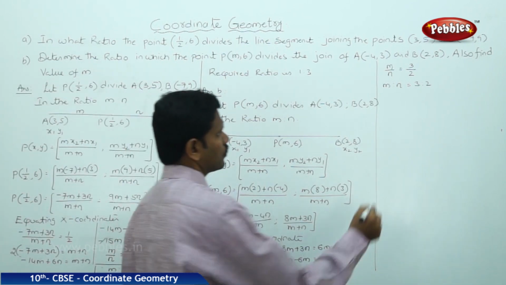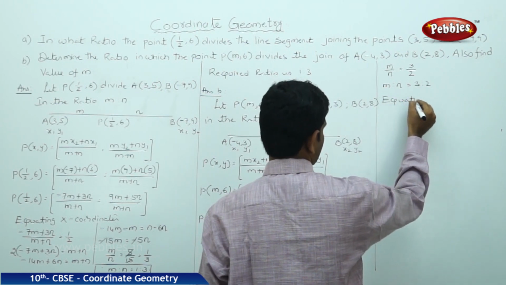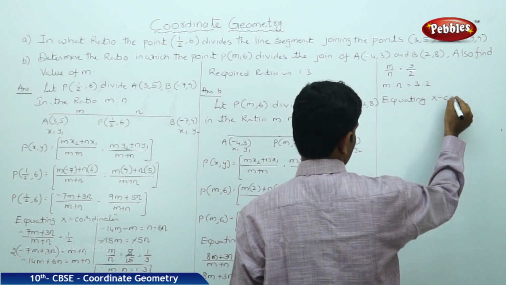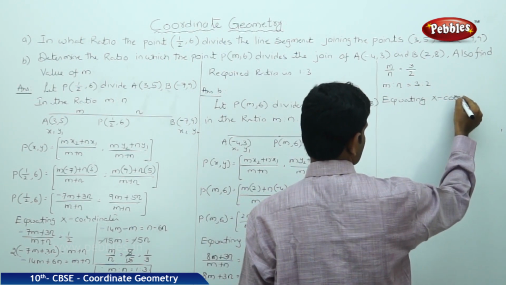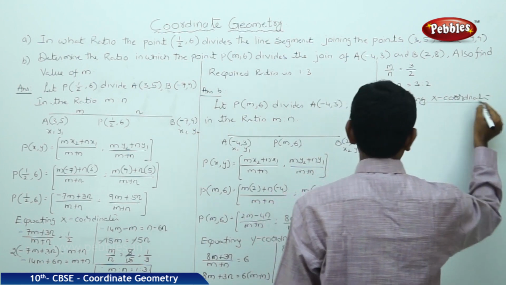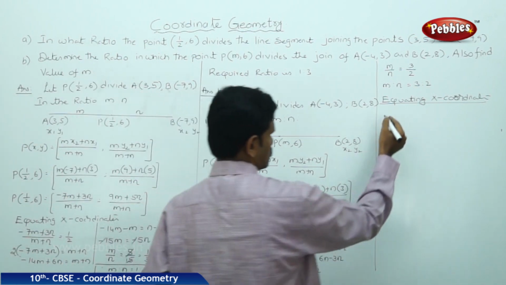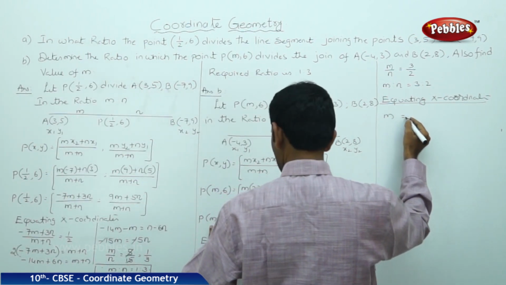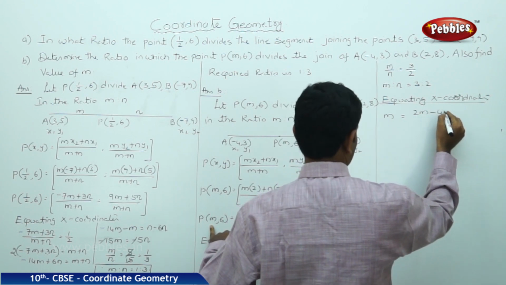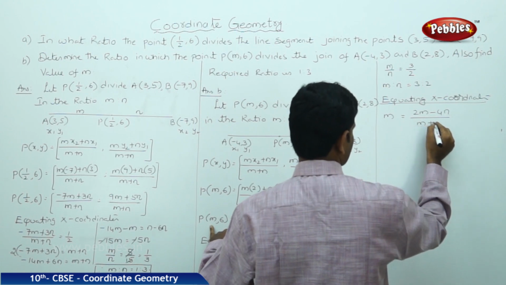Now equating x coordinates, that is m is equal to (2m minus 4n) by (m plus n).